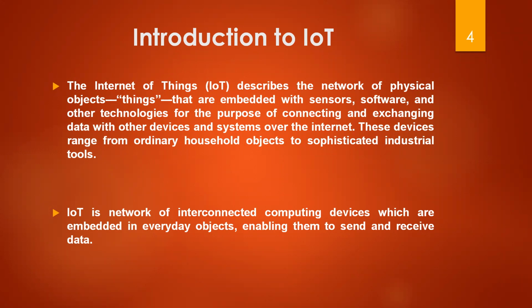So IoT comprises things that have unique identities and are connected to the internet, while many existing devices such as network computers or 4G enabled mobile phones already have some form of unique identity and are also connected to the internet.